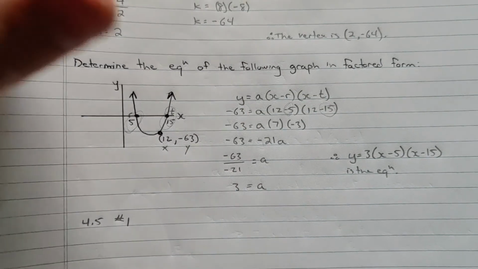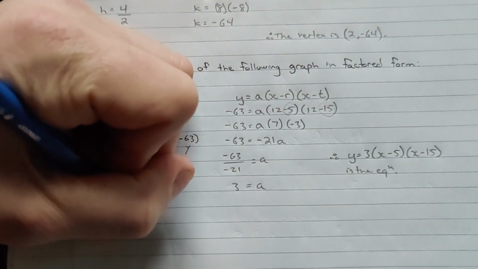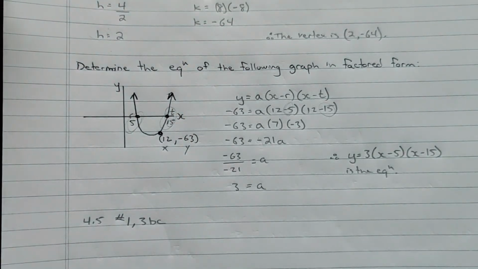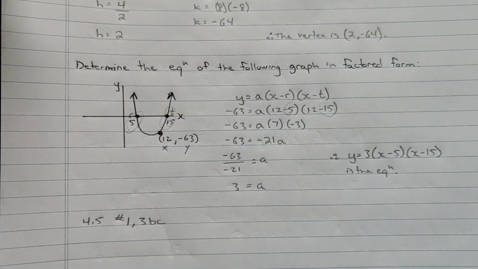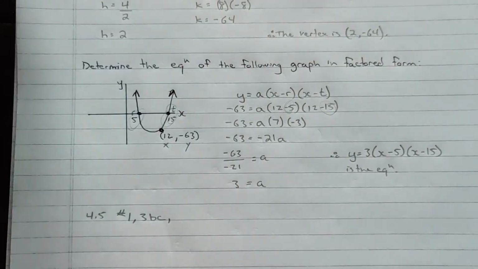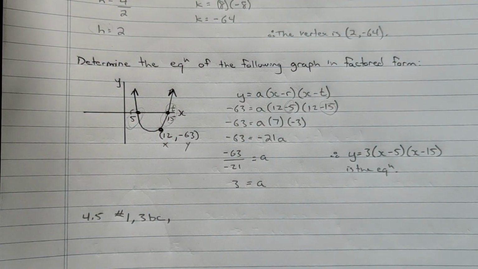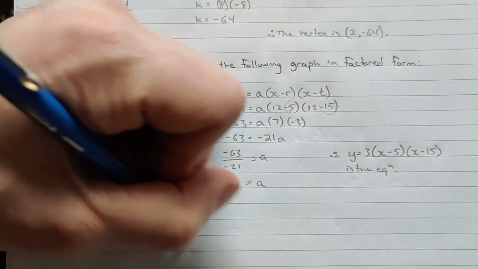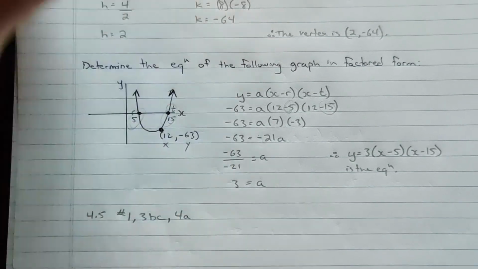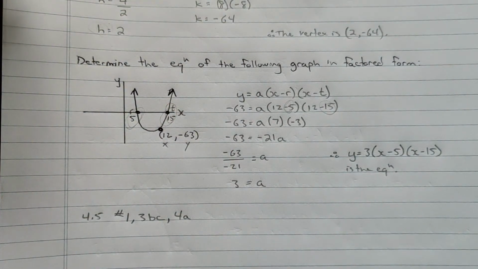Number 3, let's do B and C. Those look like good ones. Number 4A. I note this one's got a little sneaky thing. Remember, if there's no number in the brackets, that it is 0.